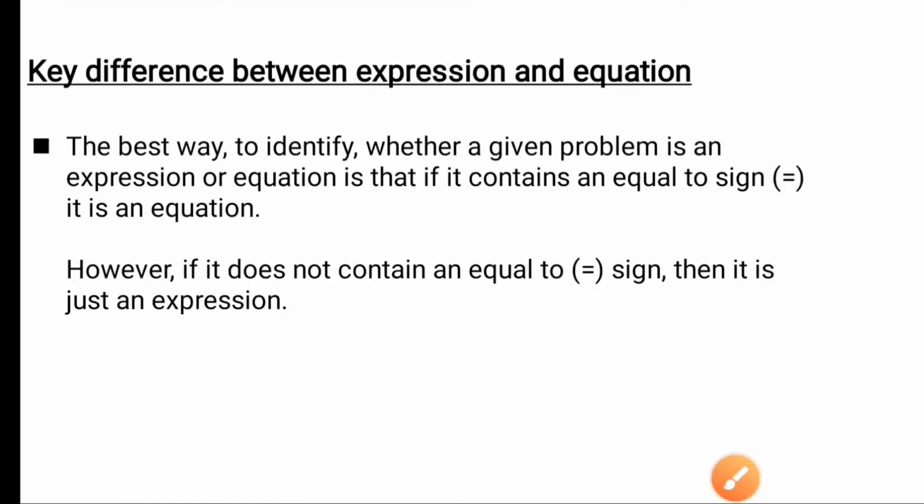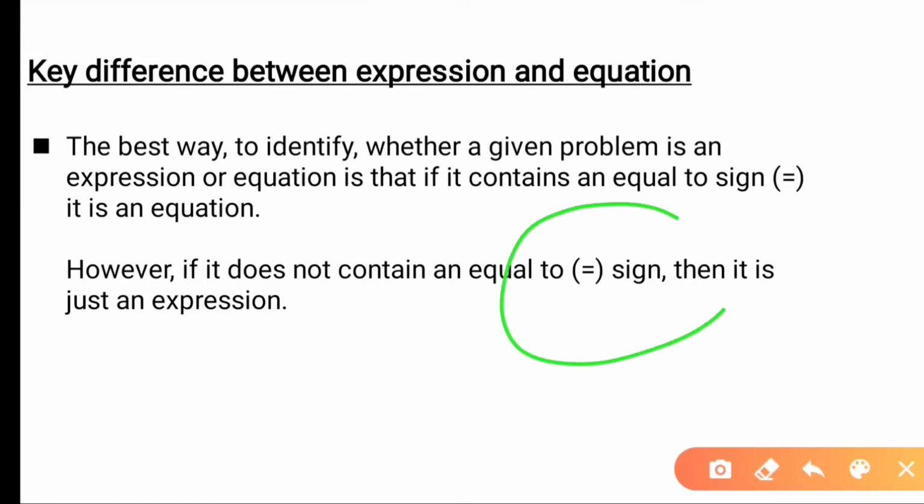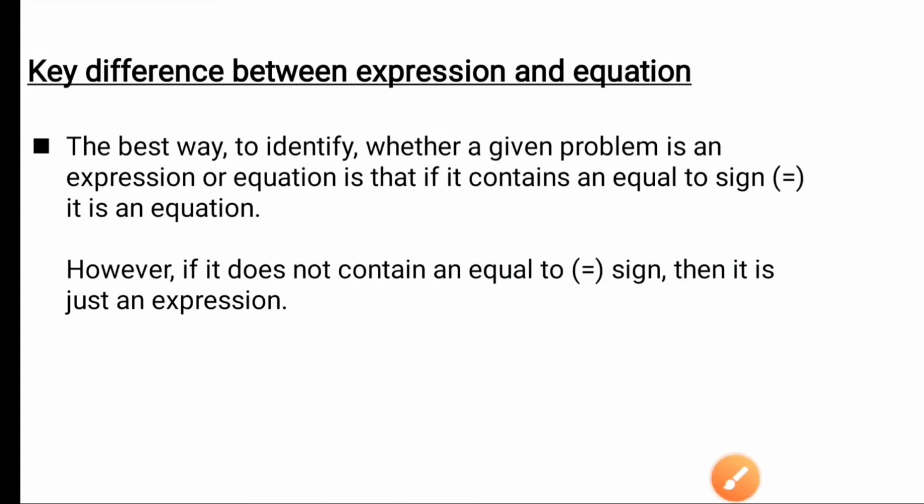So, the key difference between expression and equation: we have to see the equal to sign. The best way to identify whether a given problem is an expression or equation is that if it contains an equal to sign, it is an equation. However, if it does not contain an equal to sign, then it is just an expression.